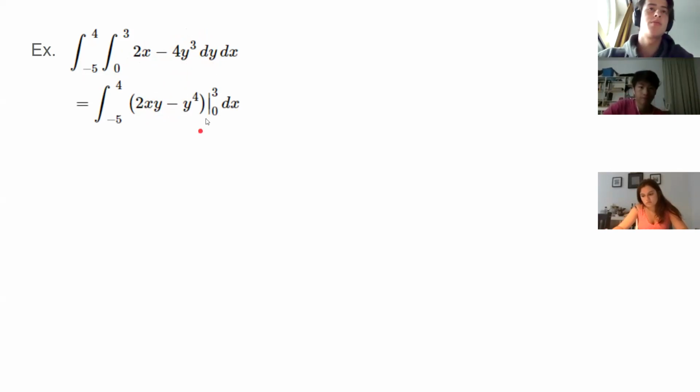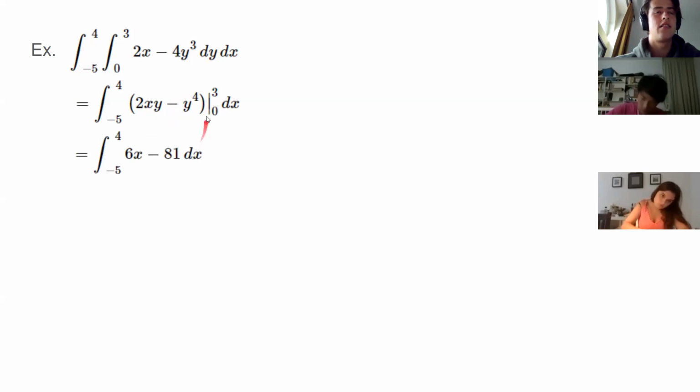The reason this happens is because of the polynomial rule for integration: we raise the power by a degree of 1 and then divide by that new degree, which we did here. So, after plugging in the values, it's 6x and that's minus 81. Yes, 27 times 3, 81.